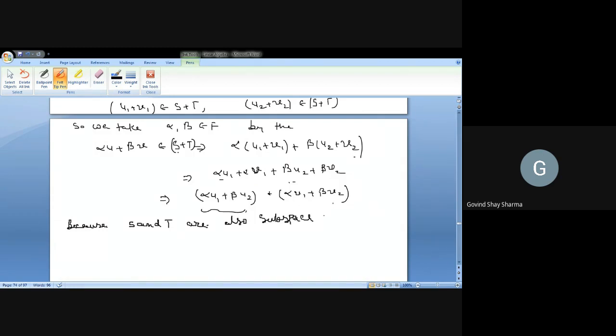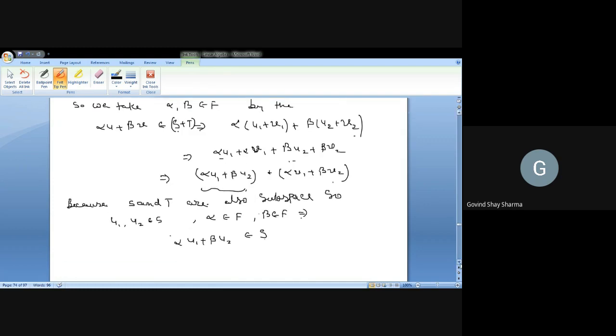So if u1, u2 belong to S and alpha, beta belong to F, that implies we can say alpha u1 plus beta u2 belongs to S, as S is a subspace.